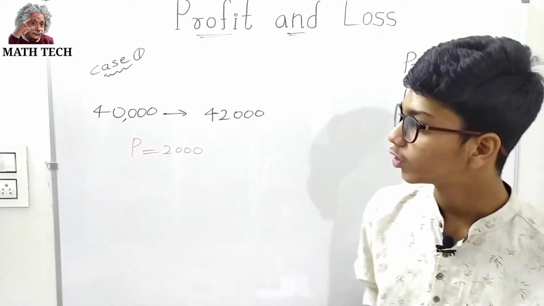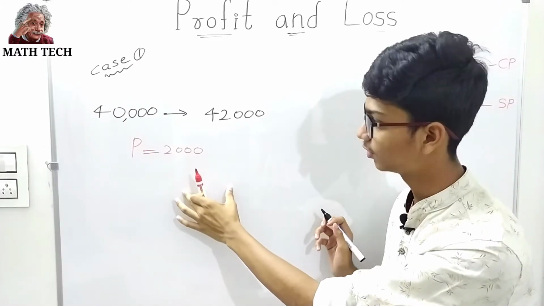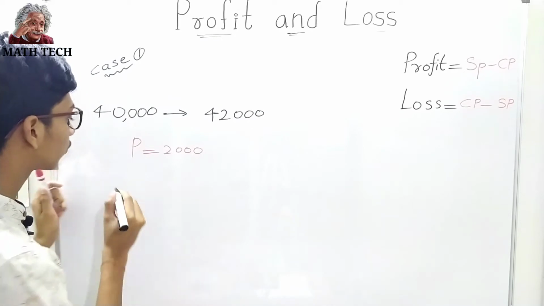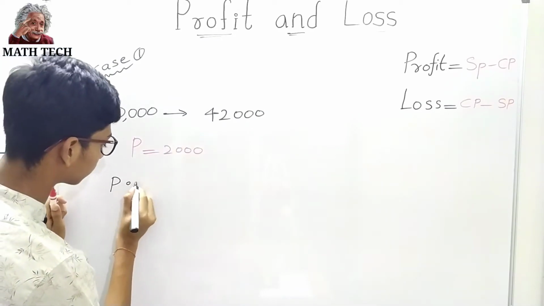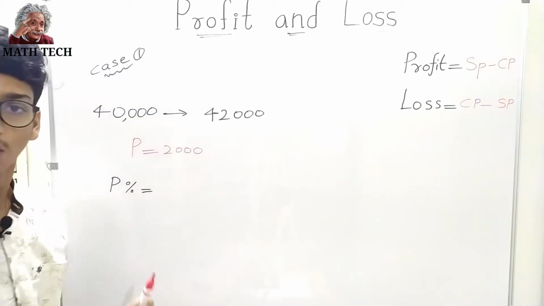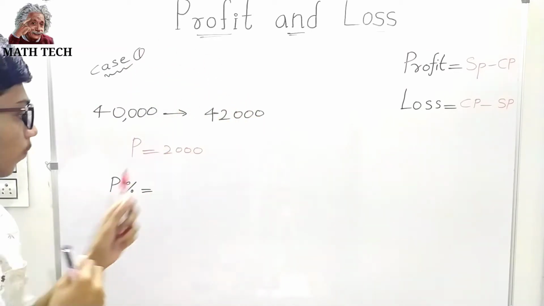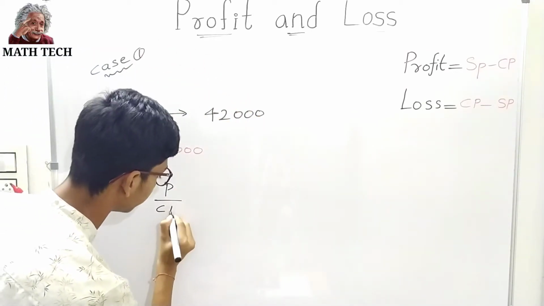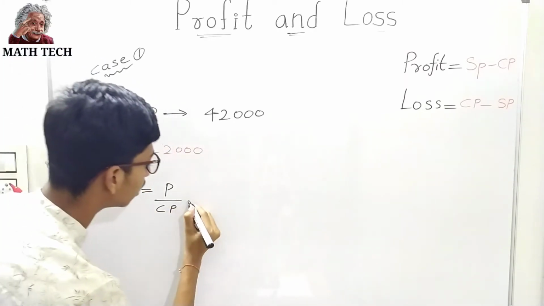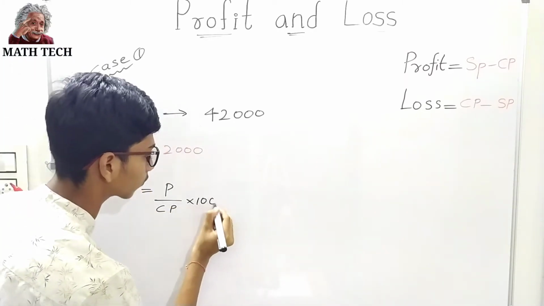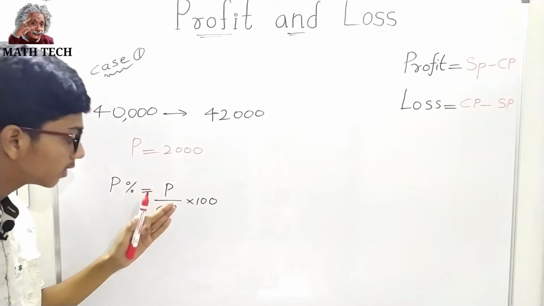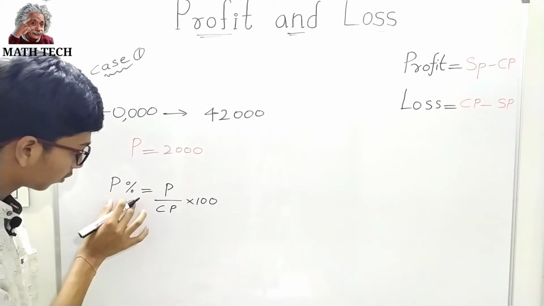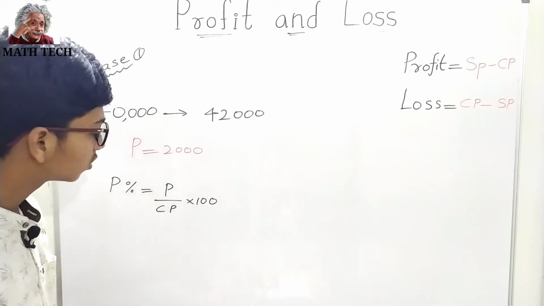So now we should find the profit percentage. Profit percentage is equal to profit by CP into 100. To find the profit percentage, we use this formula.